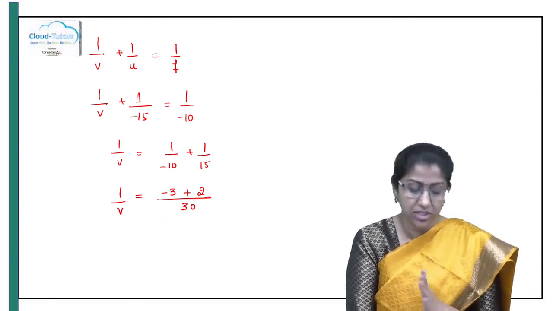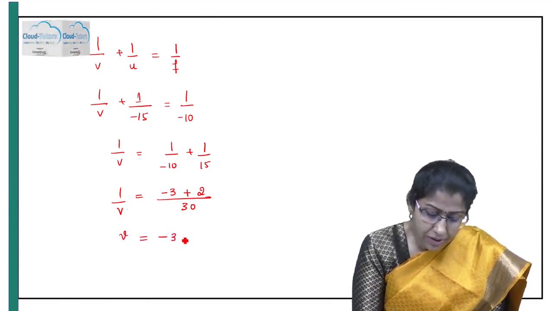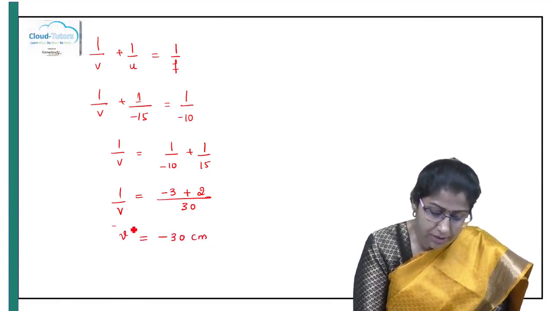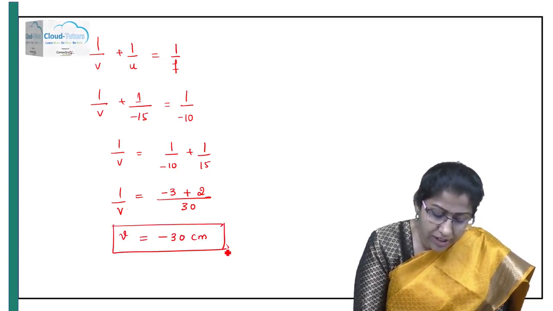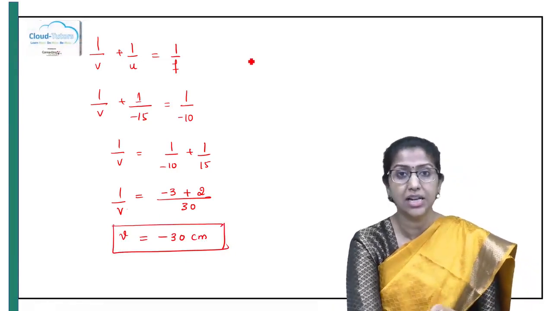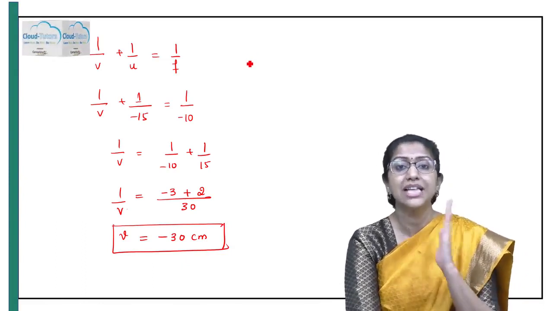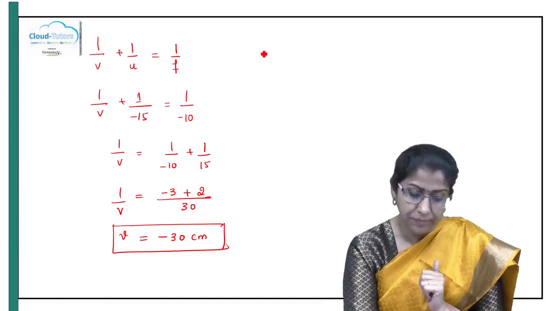That is your image distance. So your image distance will be negative 30 centimeters. You can write the last sentence saying that image distance is negative 30 centimeters. This is also a validation that it is formed on the same side as that of the mirror.